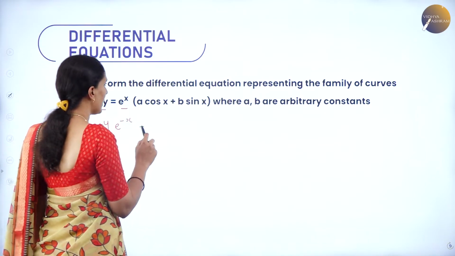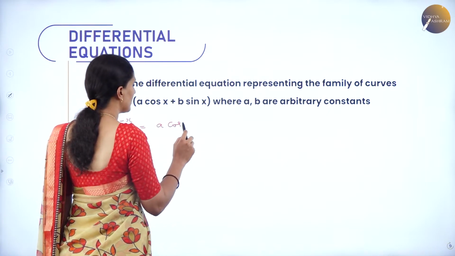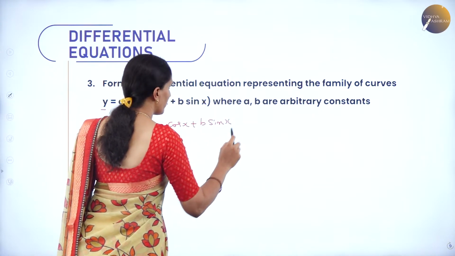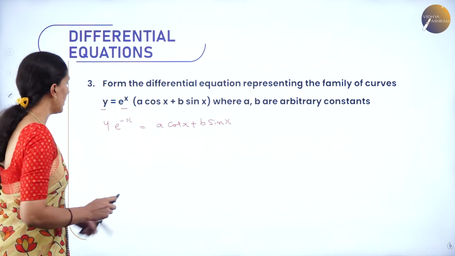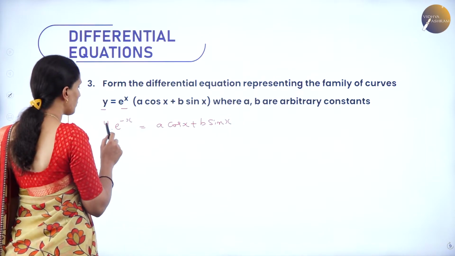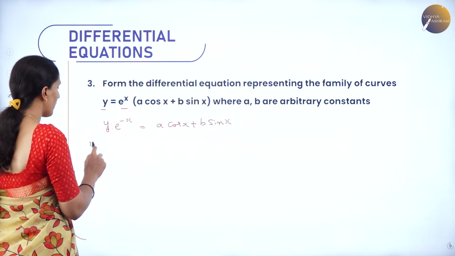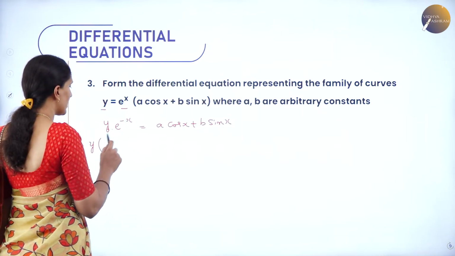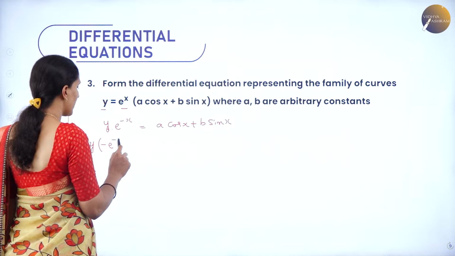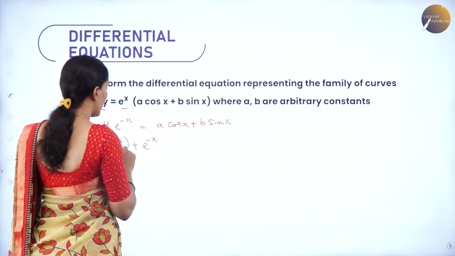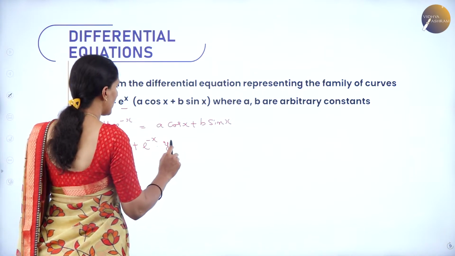So on the right hand side you have now a cos x plus b sin x. Now let us differentiate with respect to x now. So here we have two functions, one is y, another one is e power minus x. Let me derive it. So first function into derivative of the second, that is minus e power minus x plus second function into derivative of the first, that is I'll write it as y dash.